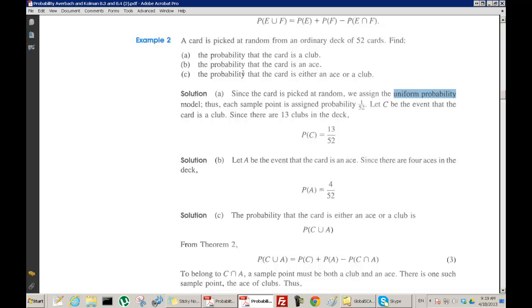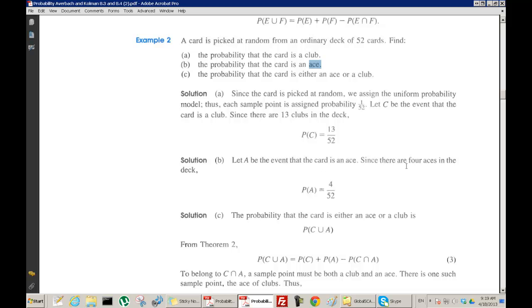Now the probability that the card is an ace. Well, let A be the event. It's always good to define an event for what you're seeking the probability of. So we're seeking the probability that it's an ace. Let A be the event that the card is an ace.